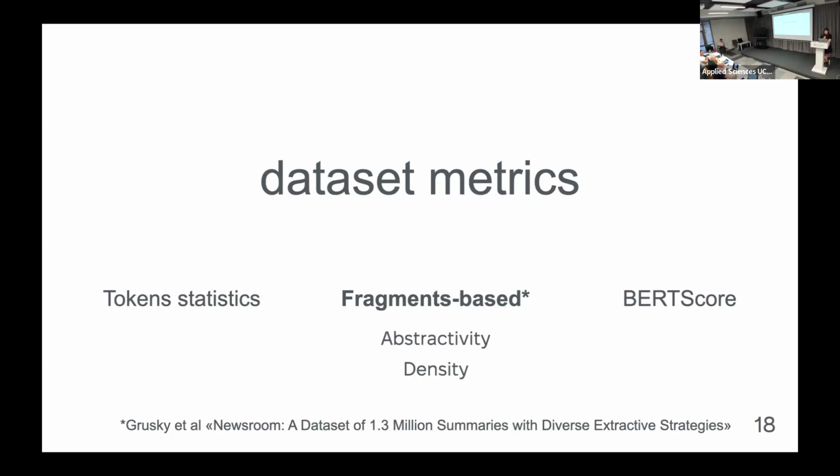So the metrics show how much of the words in a summary are overlapping with the words in the reference text, and for example, density shows how long these overlapping fragments are, and can indicate that there are multiple words or even sentences that are just copied from the reference text, which makes the summary less abstractive.